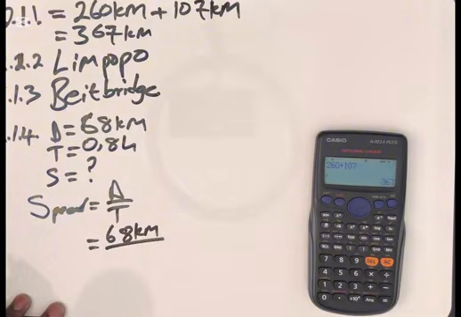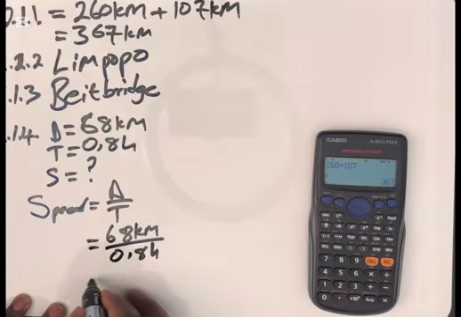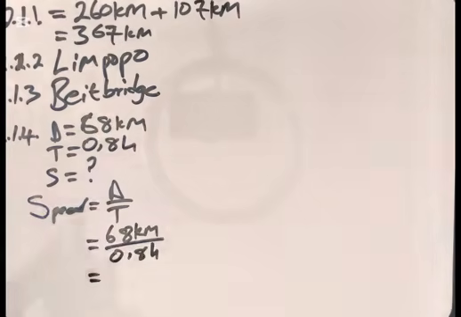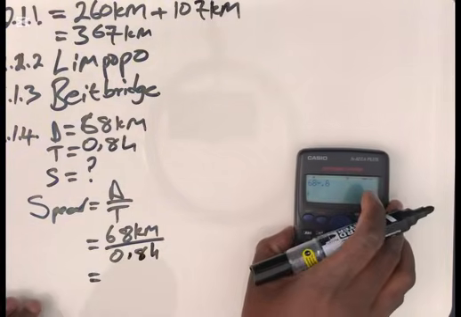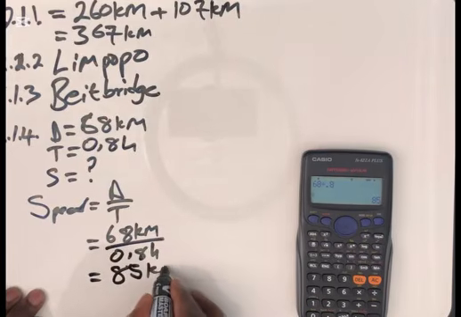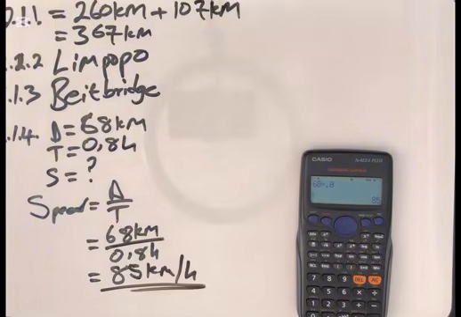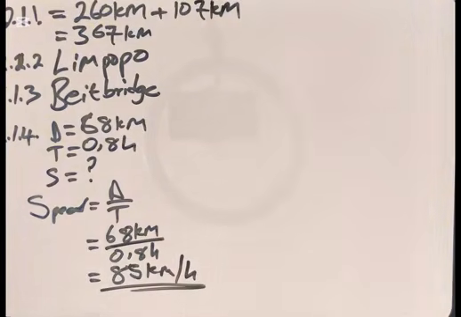Time must always be in hours. The time given here is already in hours, so 0.8 hours. Then we divide: 68 divided by 0.8. We find that our final answer, the speed, is 85 kilometers per hour. That is the speed they were traveling at.